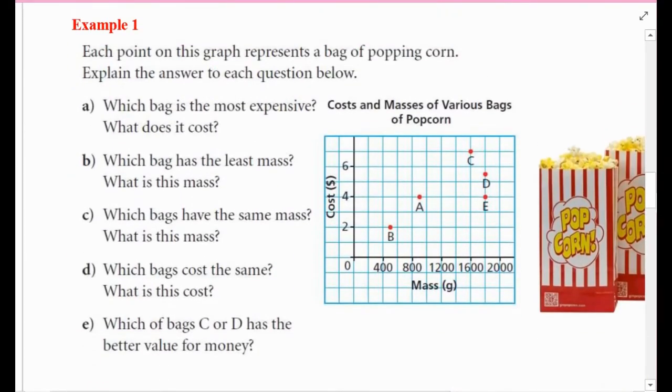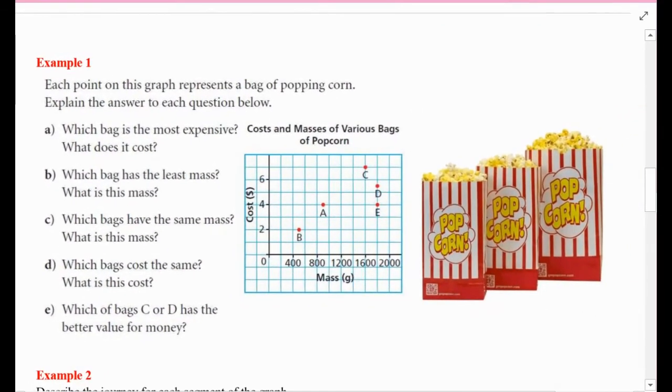Let's move on. Example 1. Each point on this graph represents a bag of popcorn. Explain the answer to each question below. Which bag is the most expensive? The vertical axis is the cost, and the horizontal is mass. C is the most expensive, and that is $7.